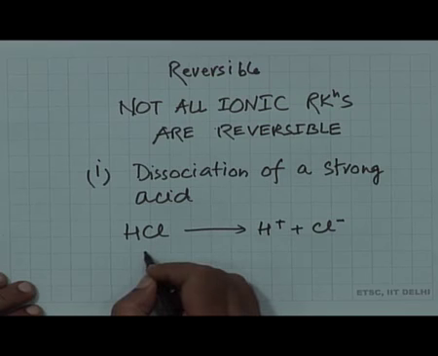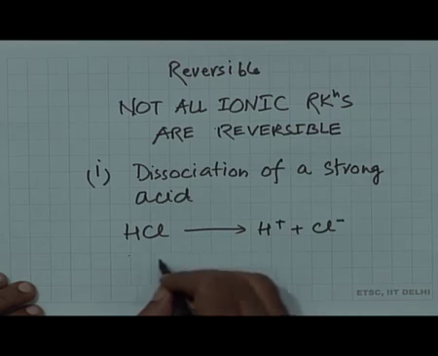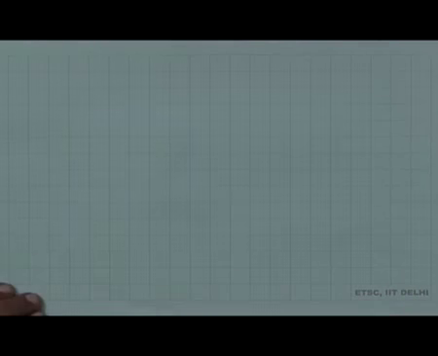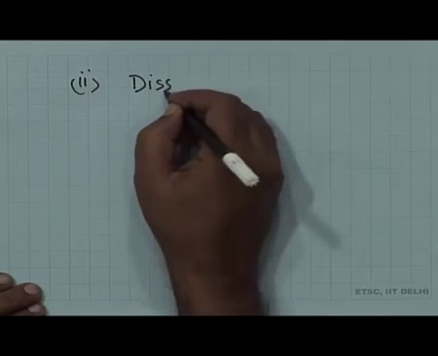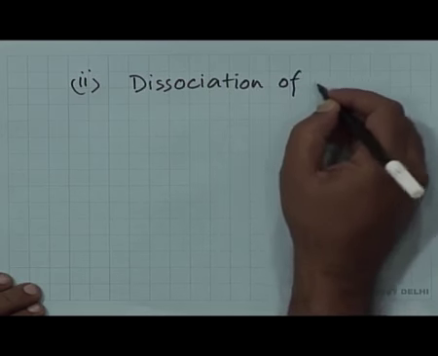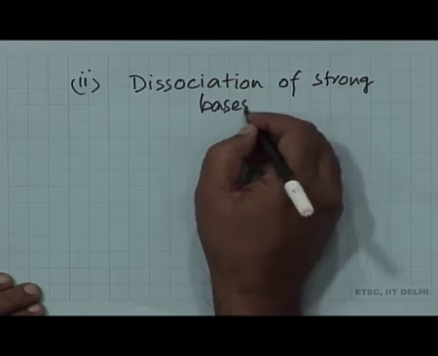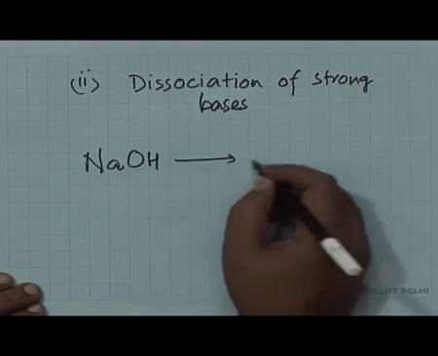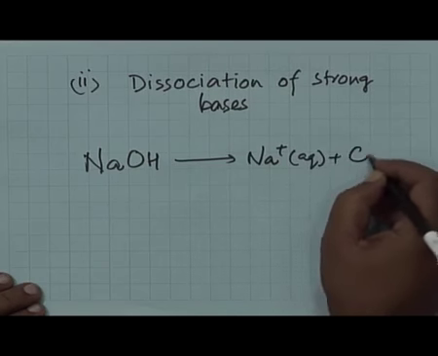So, when the reactions are irreversible, we cannot apply the concept of equilibrium here. Similarly, we can think of dissociation of strong bases. For example, NaOH, sodium hydroxide. When you put it in aqueous solution, it will give Na plus aqueous plus OH minus aqueous.